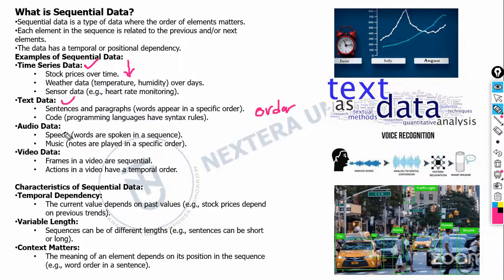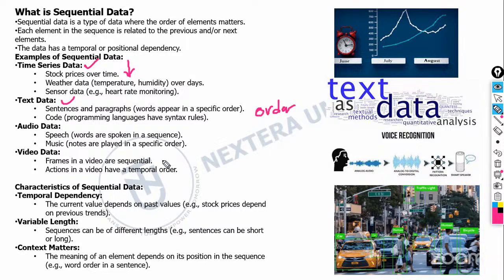So audio data is again considered sequential data. We also take video. When video is made into frames, obviously RNNs work, but they don't give you a good score. Probably you can use RNN to train your model, but the output may not be good. So these are some of the examples of sequential data.